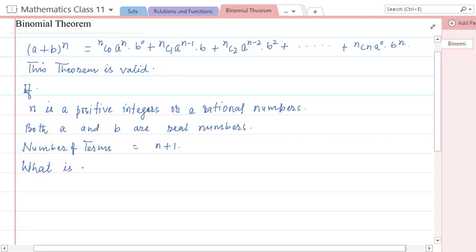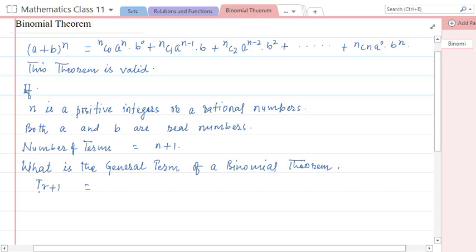What is the general term of a binomial theorem? The general term of a binomial theorem is generally denoted by T r plus 1.